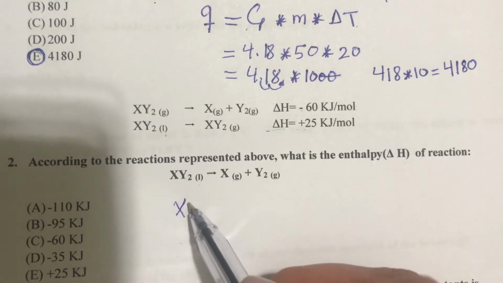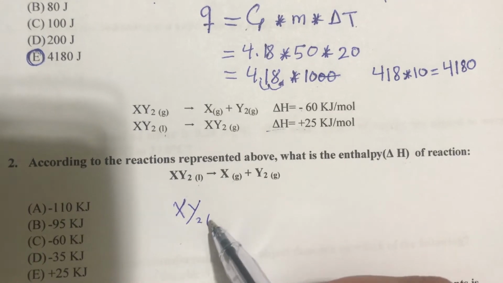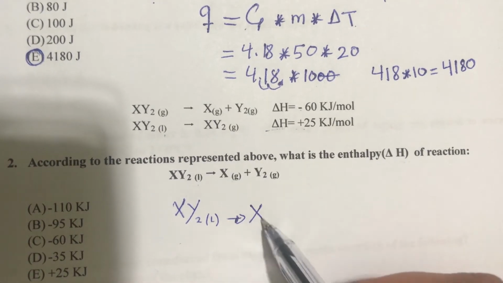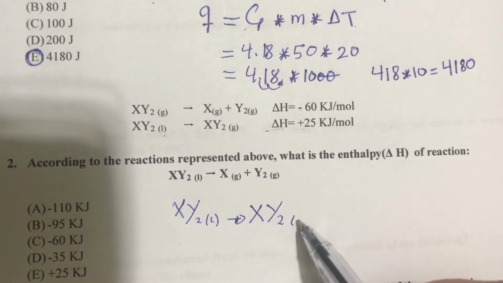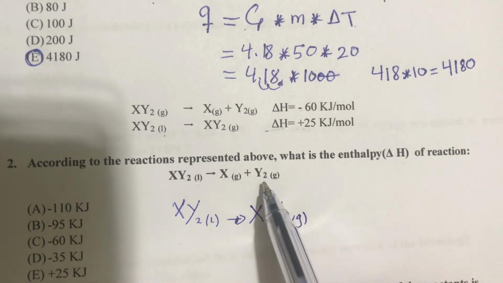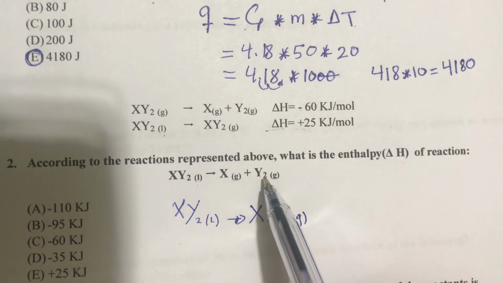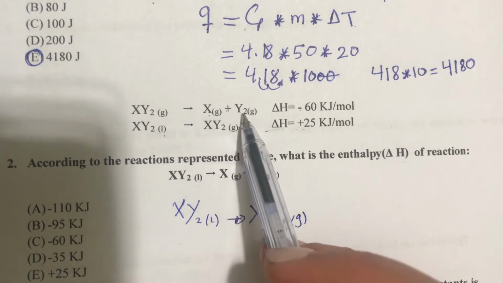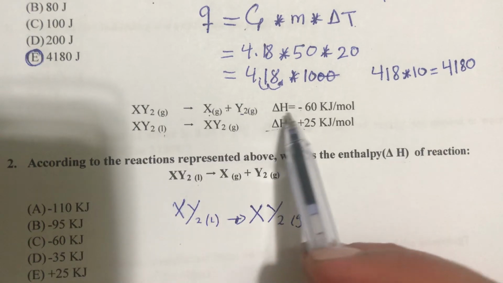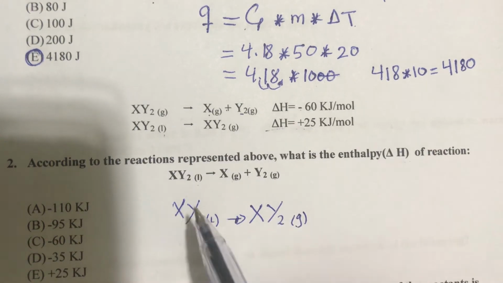Then XY2 liquid equals XY2 gas. Here X and Y2 are on the product side, and here X and Y2 are in the product. So also don't change anything in this reaction.